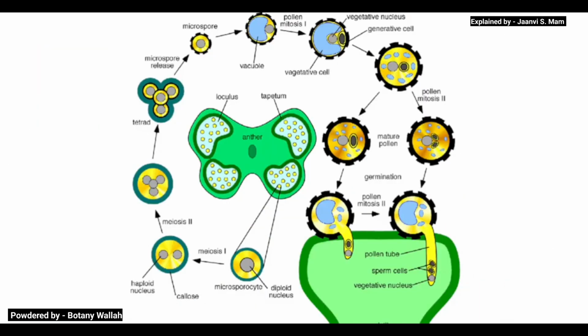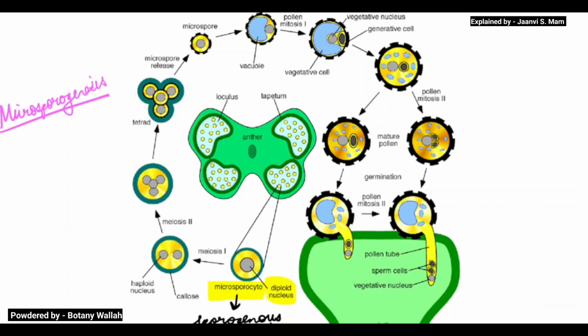You can see here a great diagram of microsporogenesis. It is starting from the sporogenous cell, which is a diploid cell, the microsporocyte.